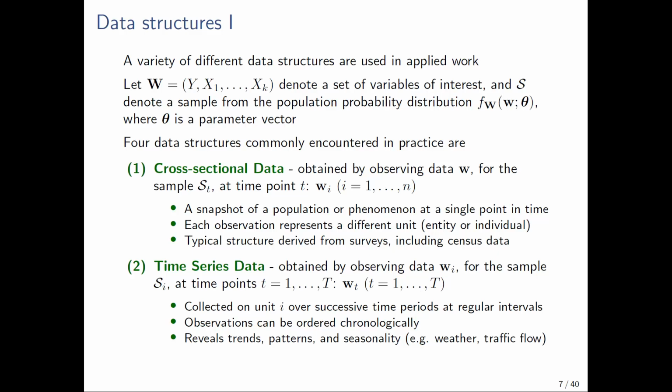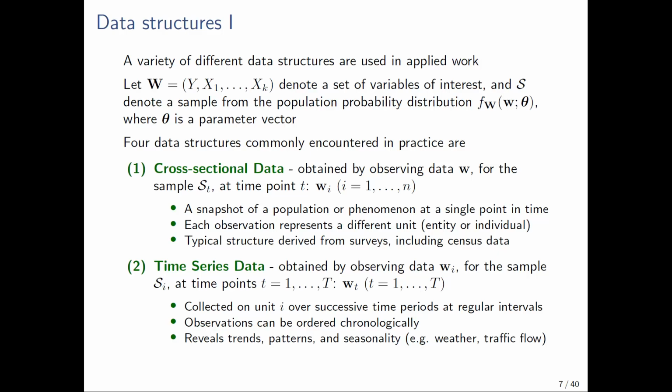Four common data structures encountered in practice. The first is called cross-sectional data, obtained by observing the sample at a single point in time, t, with observations indexed by i, where i takes a value from 1 to n. So cross-sectional data give us a snapshot of a population or some phenomena at a single point in time.